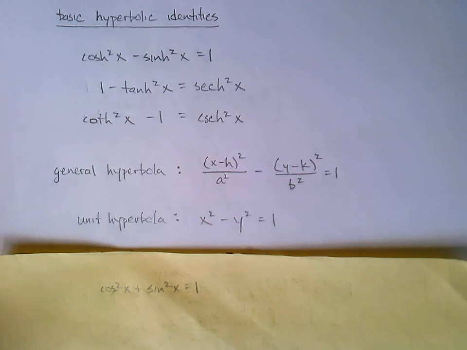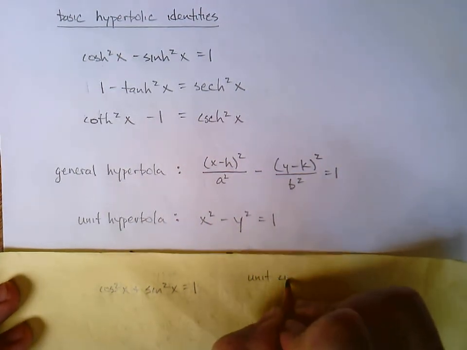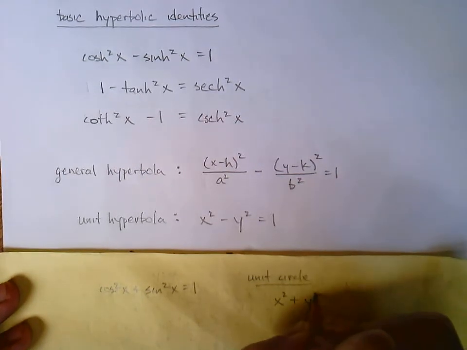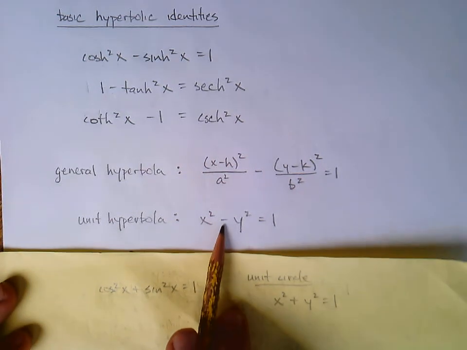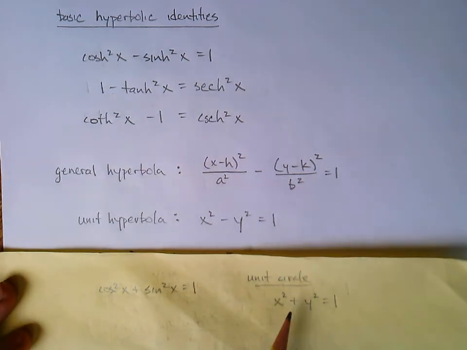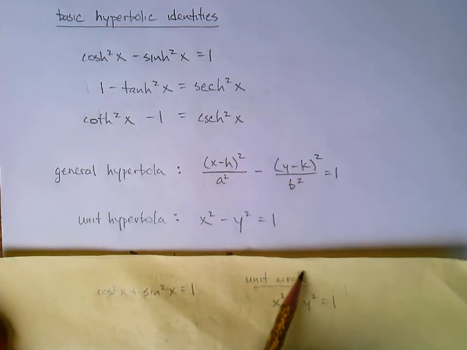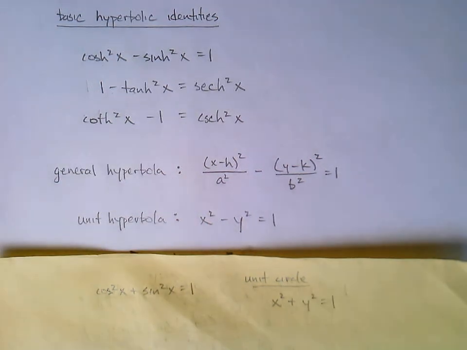Hey, do you remember the unit circle? The unit circle is x squared plus y squared equals 1, where there's a plus instead of a minus. And this is what all of trig is based on, the unit circle. So the unit hyperbola is what all of the hyperbolic trig is based on. But how? We haven't quite seen it.